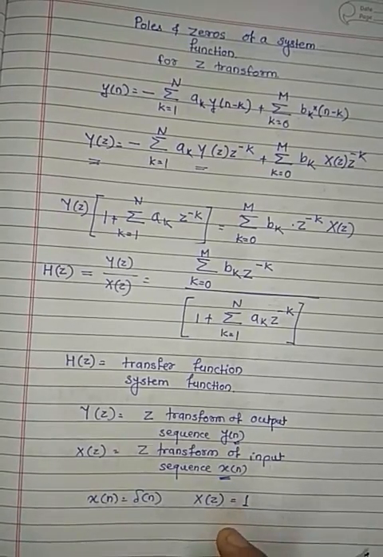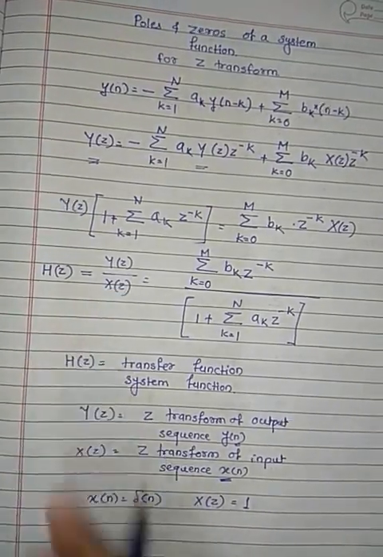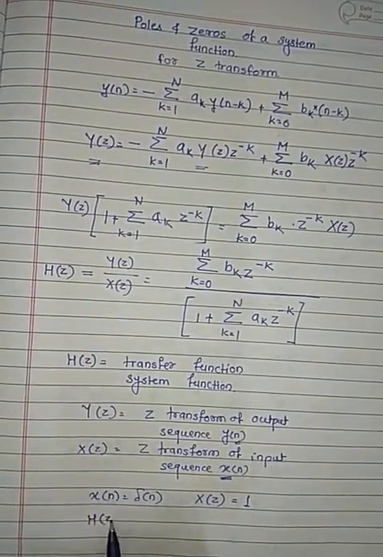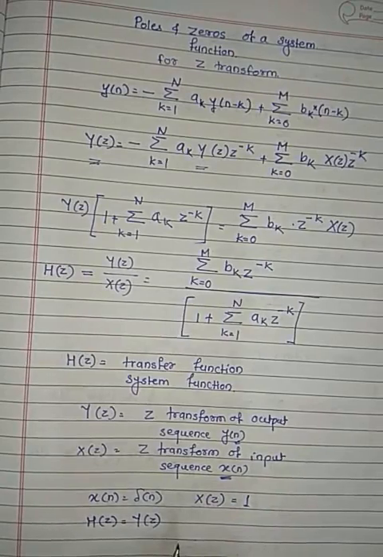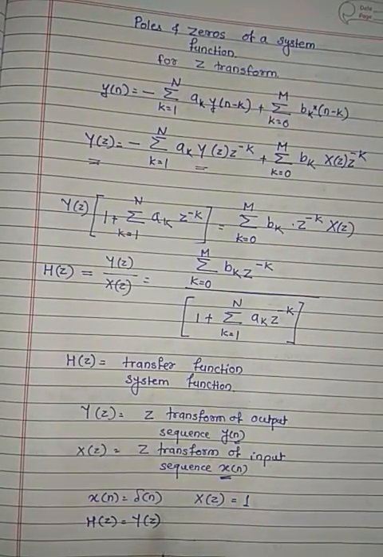So if you replace this value in our equation, then H of z becomes equivalent to Y of z, where H of z now becomes the Z transform of the impulse response h of n. So if we know h of n and x of n, we can determine the corresponding Z transforms, that is H of z and X of z, and by multiplying them we can obtain the value of Y of z.